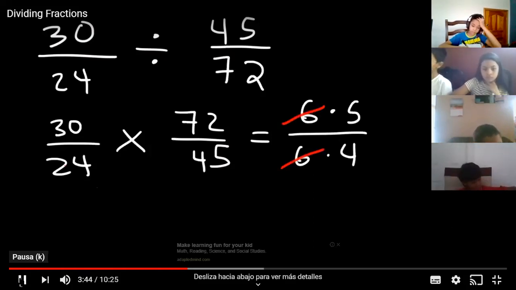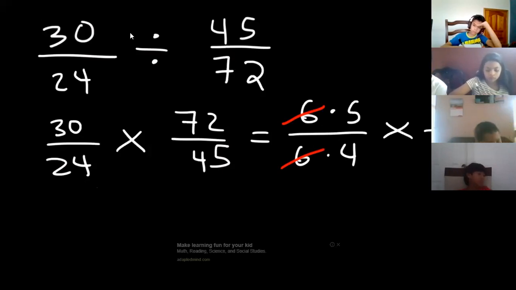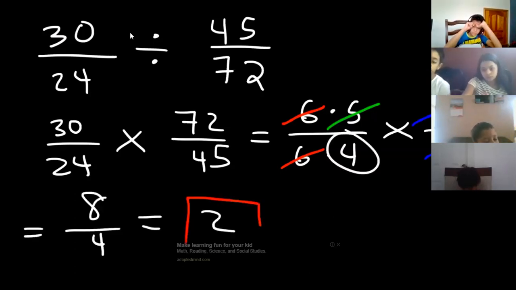So you always want to break down the numbers in such a way that you can cancel after you break it down. Now, 72 and 45, they're both divisible by 9. So I'm going to write 72 as 9 times 8 and 45 as 9 times 5. So at this point, I can cancel a 9 and I can cancel a 5. So I'm left with 8 over 4. And 8 divided by 4 is 2. So the final answer in this problem is 2. Okay.